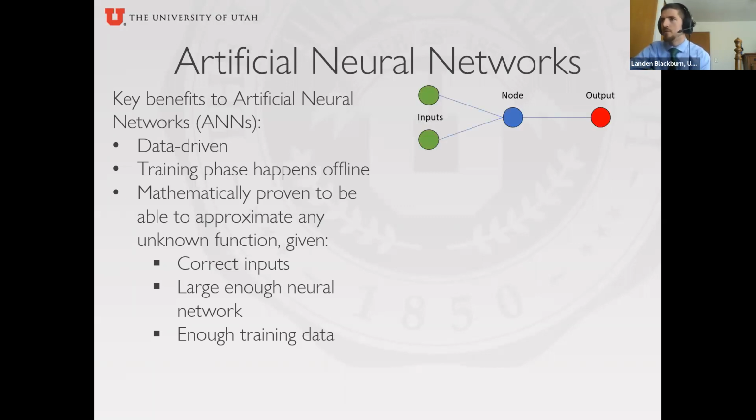This is kind of the basic unit of a neural network. You have your inputs, you have nodes, and you have your output. And data flows from left to right in this diagram. So you input data, you have values from, say, sensors or weather data or whatever information you have, maybe time of day. You put that into the input layer, and then the data flows into the node and then into the output.